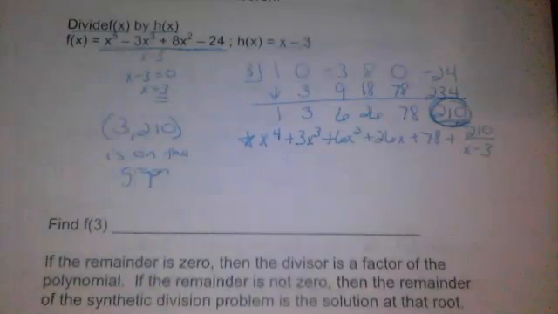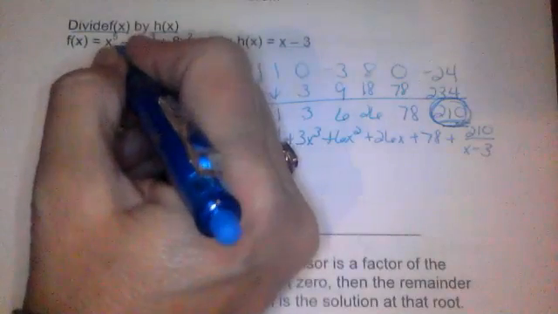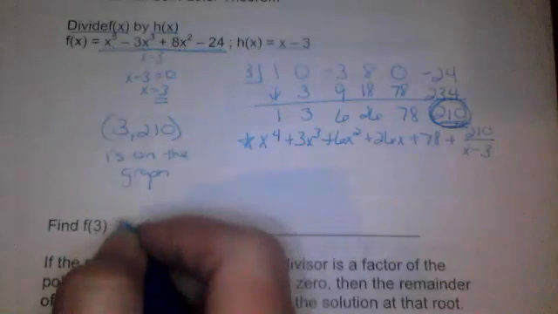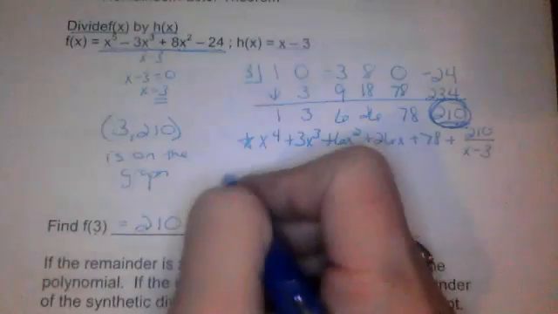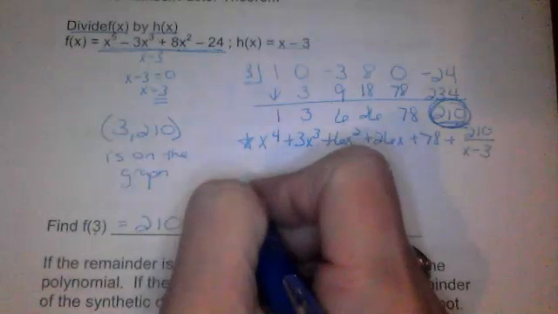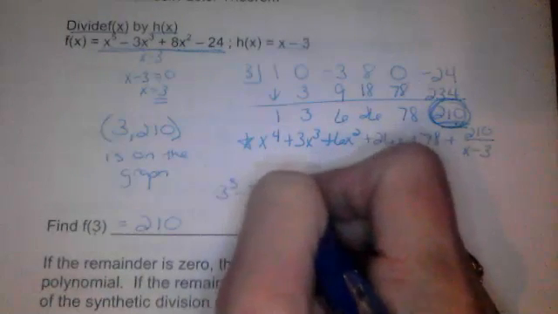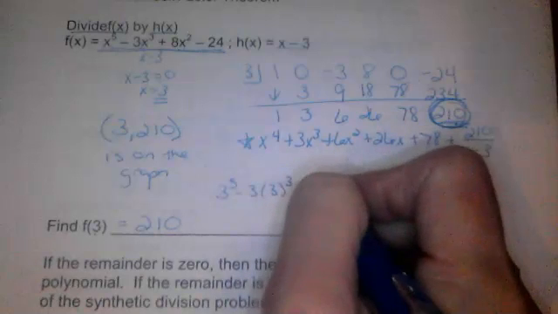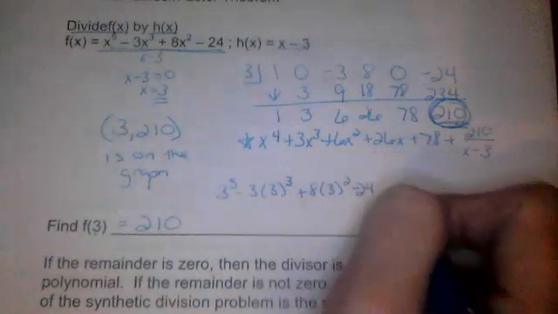And it also is telling me that if I were to put 3 into this problem for x, I would get 210. So let's go ahead and do that. If I were to put 3 in here, 3 to the 5th minus 3 times 3 to the 3rd plus 8 times 3 squared minus 24.